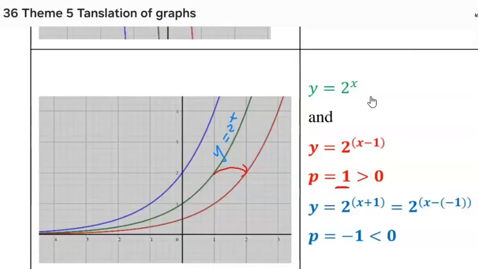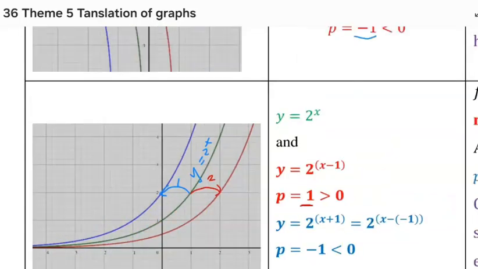And for the blue graph, it will shift 1 unit to the left. That is 1, and that is 1. So again, we can write the x plus 1 as x minus negative 1. So in this case, my p is negative, so it's shifting to the left.